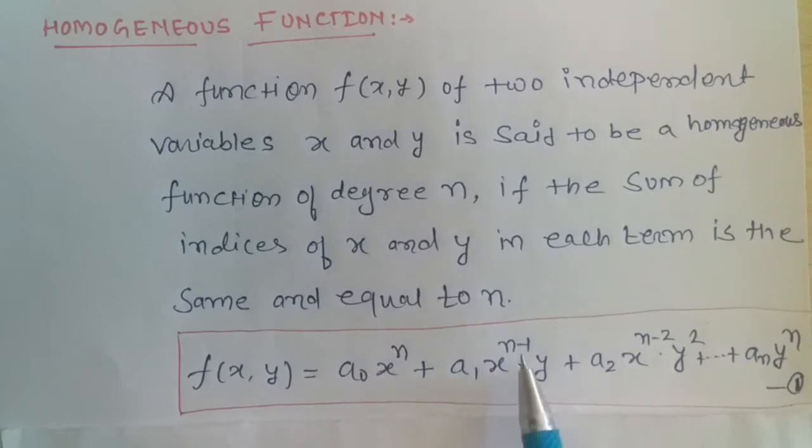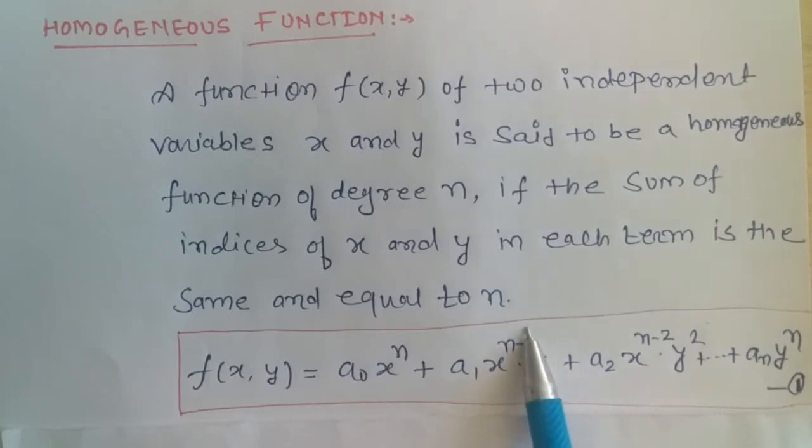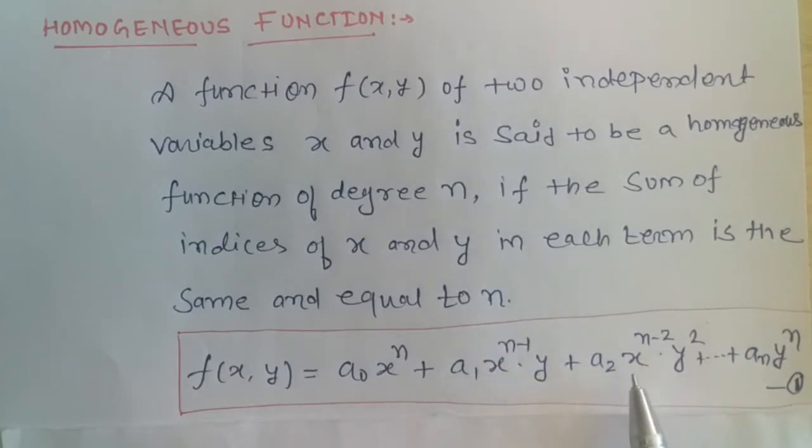In the second term the sum of power is n minus 1 plus 1 power of y, so the total sum of power is n. In the third term the sum of power is n minus 2 plus 2, so the sum of power of x and y is n, and so on.